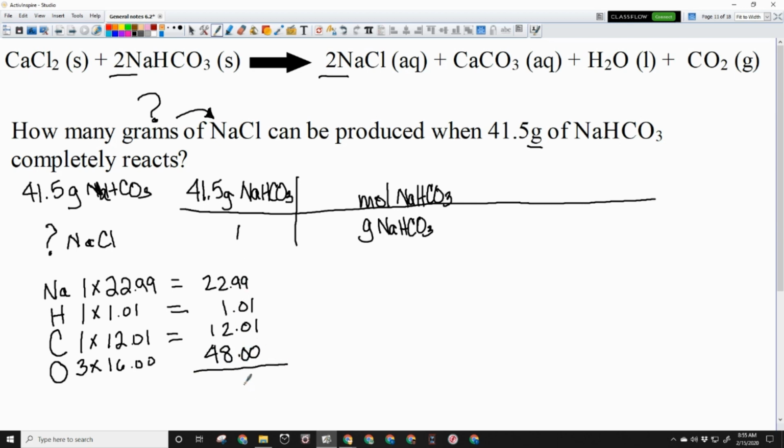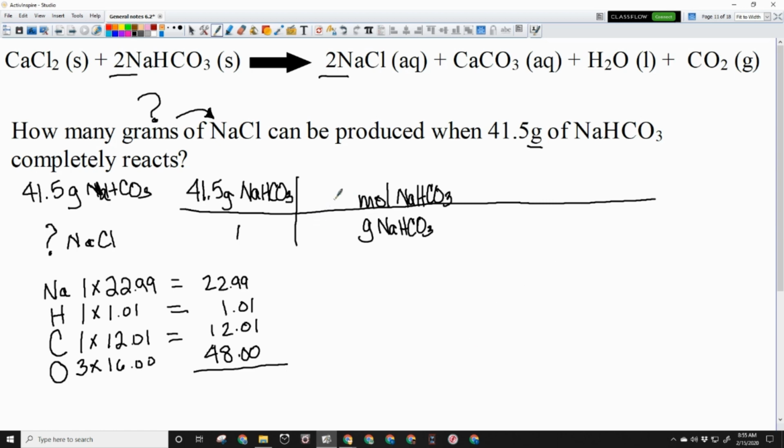Add all of this up, and that's going to get you the molar mass of sodium bicarbonate. So 22.99 plus 1.01 plus 12.01 plus 48.00 is 84.01.